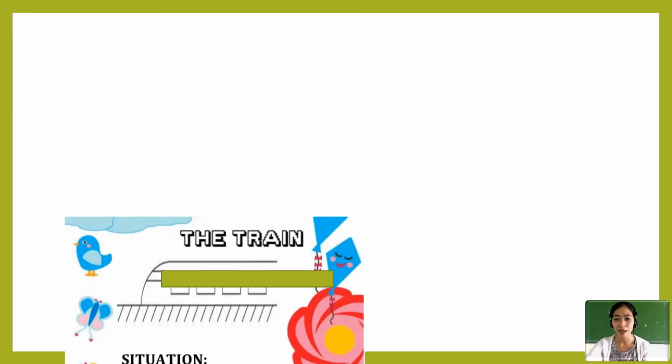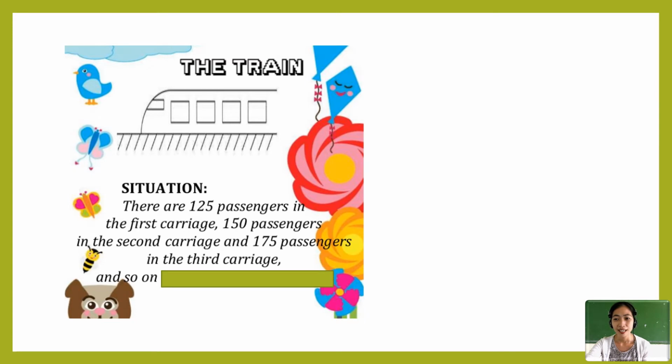Now, let us see this problem. Let's take things out from this situation. It says that there are 125 passengers in the first carriage of the train, 150 passengers in the second carriage, and 175 passengers in the third carriage, and so on.